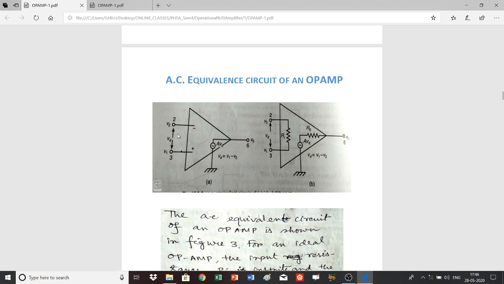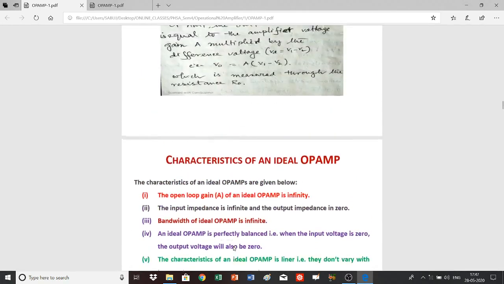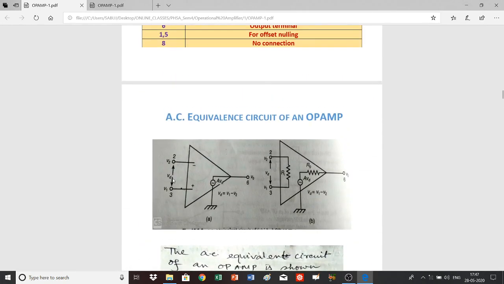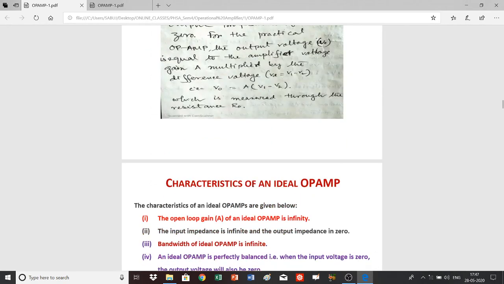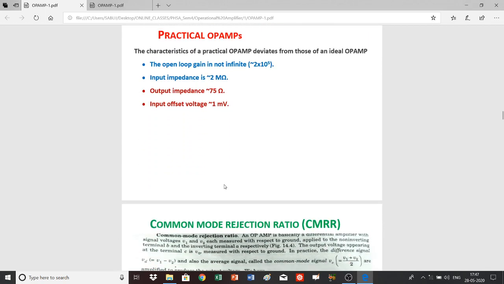Then a DC voltage will be applied across these two terminals in such a way that the output voltage V0 can be 0, and this voltage is called the input offset voltage. It is nearly equal to 1 millivolt. That means you have to apply about 1 millivolt DC voltage across these two terminals, and then V0 will be 0. So a practical op-amp will be balanced when the input offset voltage is nearly 1 millivolt.